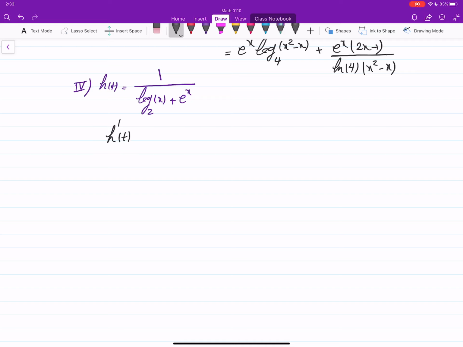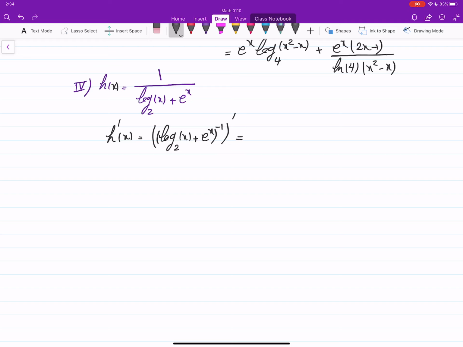Okay, and this last example, h prime of x. We want to differentiate this guy. You can do the quotient rule here, but a better way to do it is this. You see this as this guy to the power -1 and then differentiate.